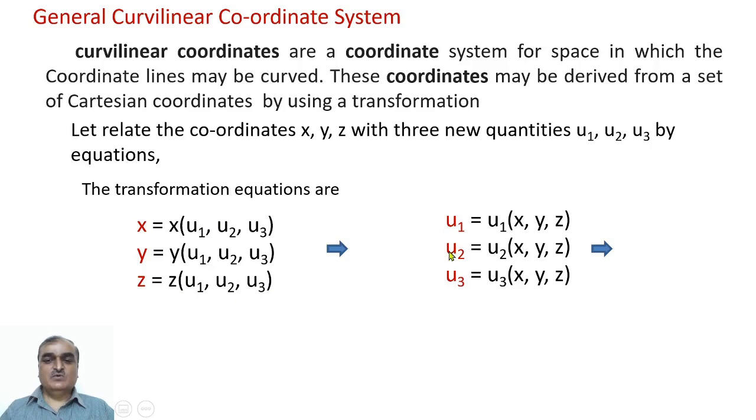Then the reverse transformation equations, that is u1, u2, u3 in terms of xyz. We may write these new general coordinates u1, u2, u3 in terms of Cartesian coordinates xyz.